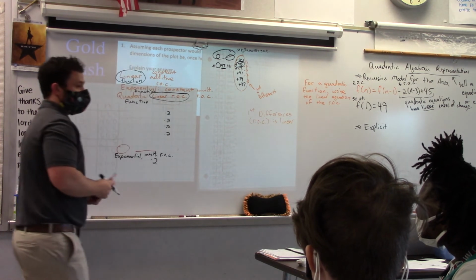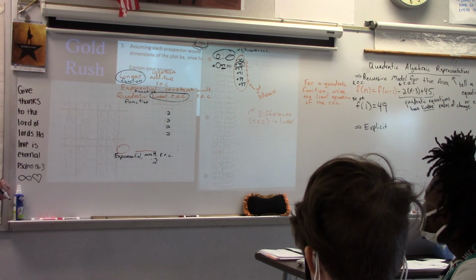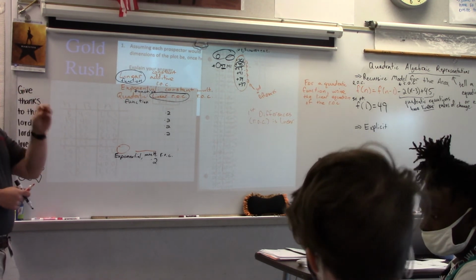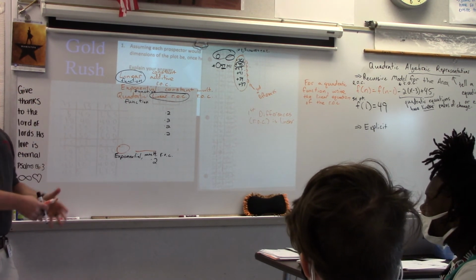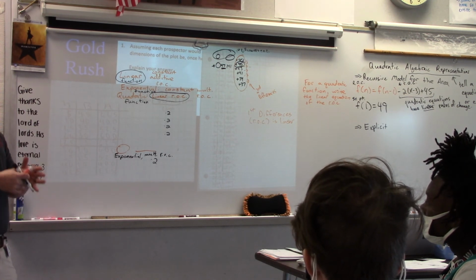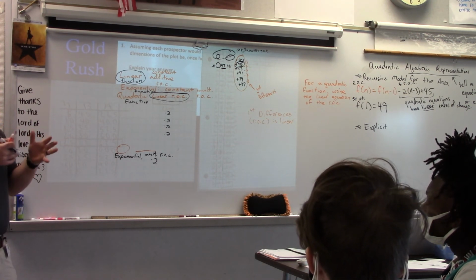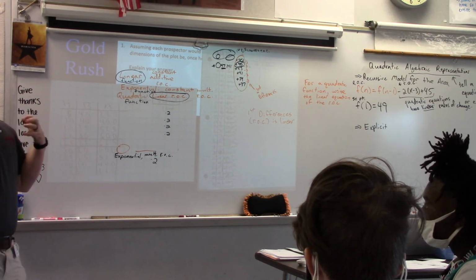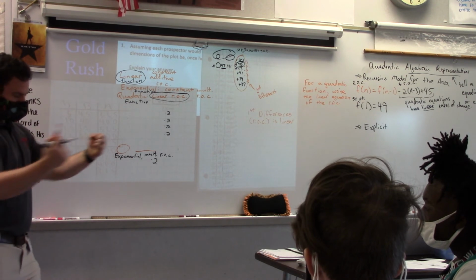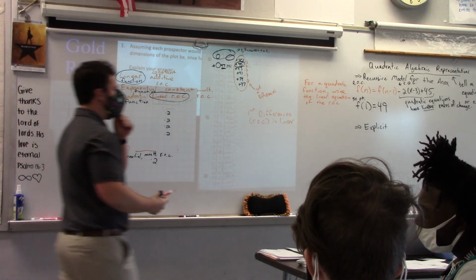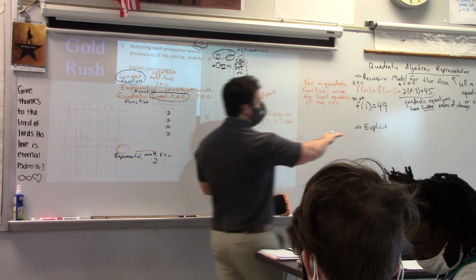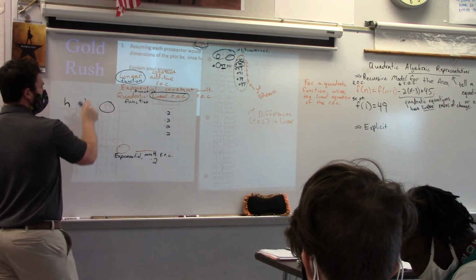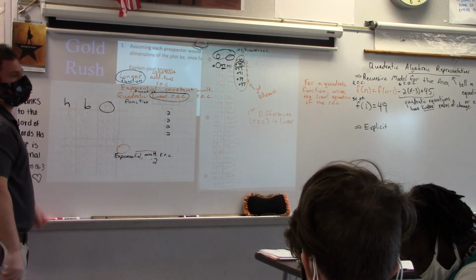Now, for the explicit equation, again, we're going to write explicit equations a ton next unit. Right now, I need you to be able to know how an explicit quadratic equation is different from other types of functions. How a quadratic is different from an exponential or a linear, thank you. So, when we talk about this area here, how did we calculate that area every single time?